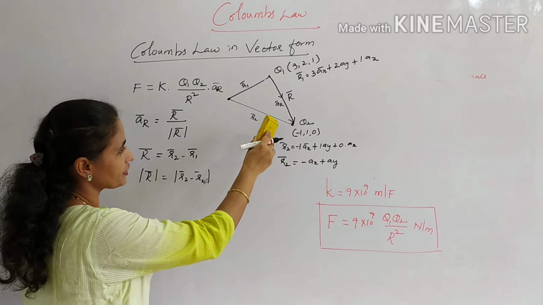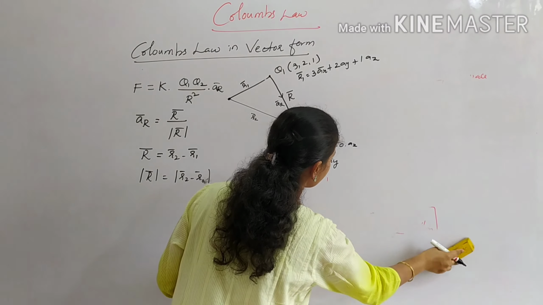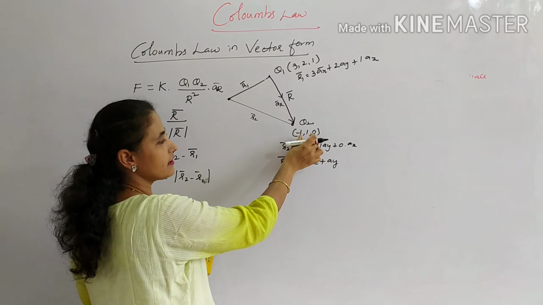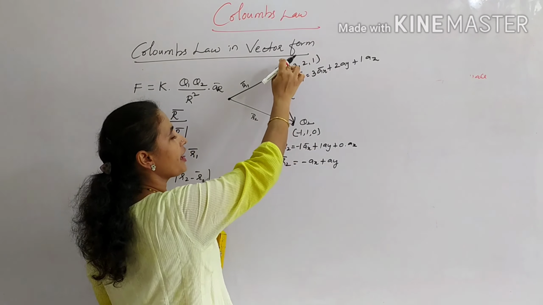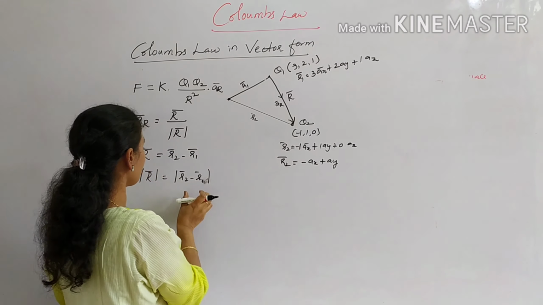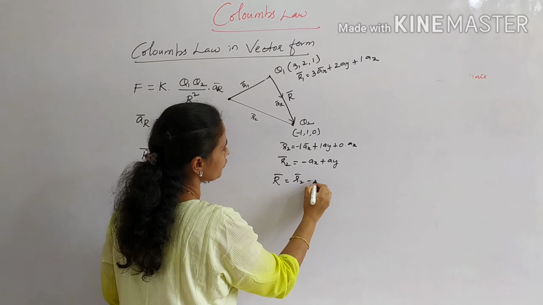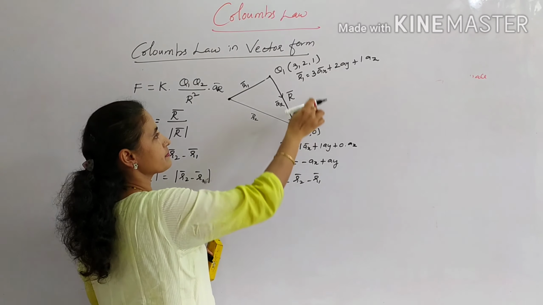For better understanding, I consider the coordinates of r2 and r1 as shown here. So r bar is given by what? r bar is given by r2 bar minus r1 bar, meaning this minus this.